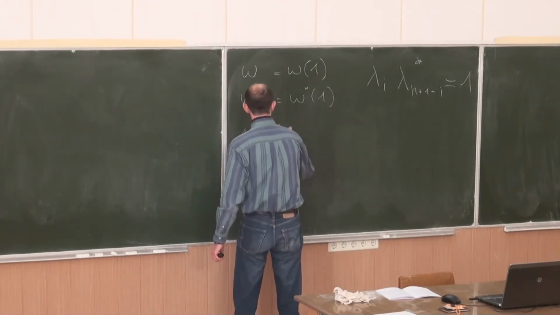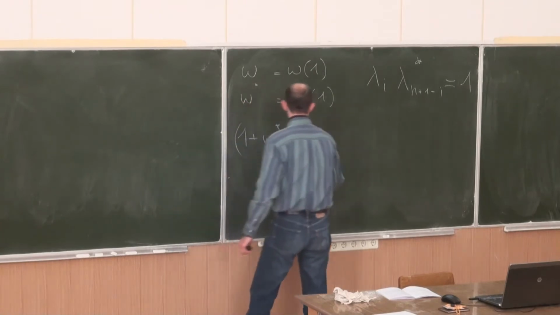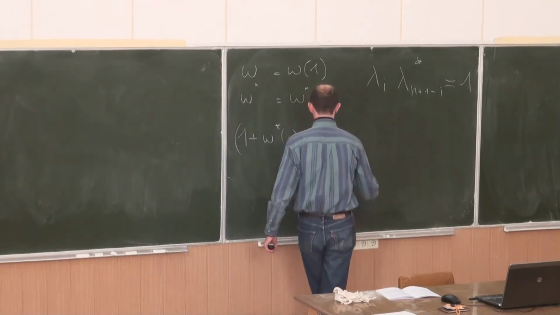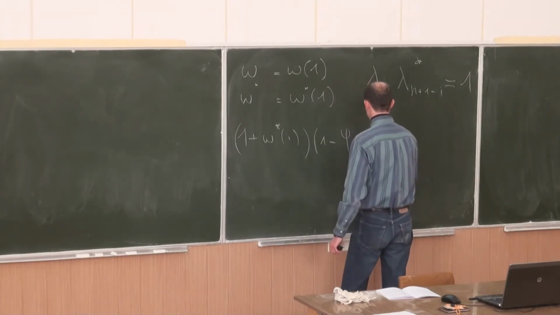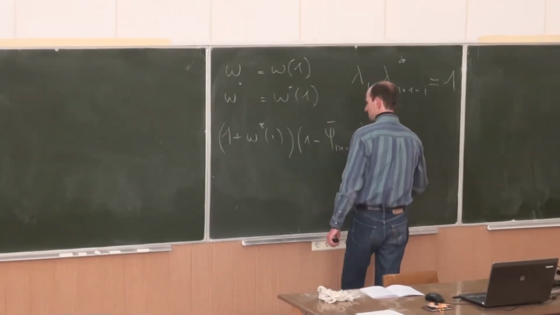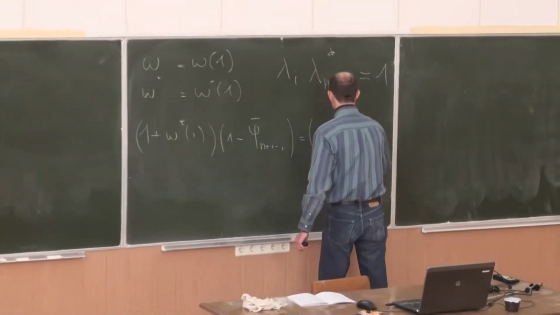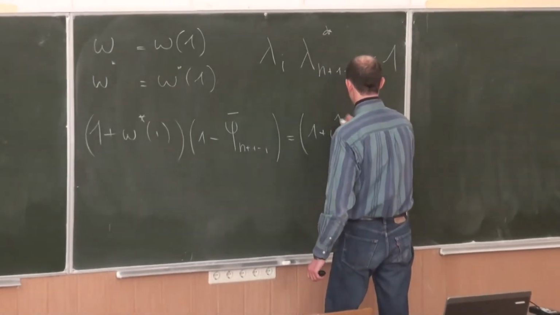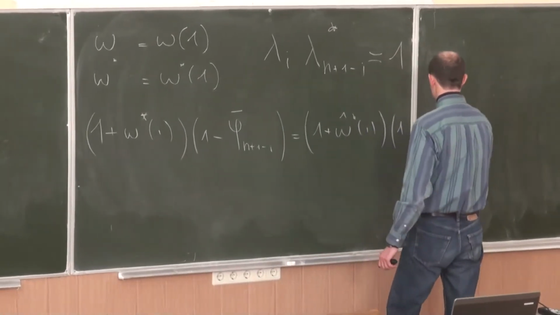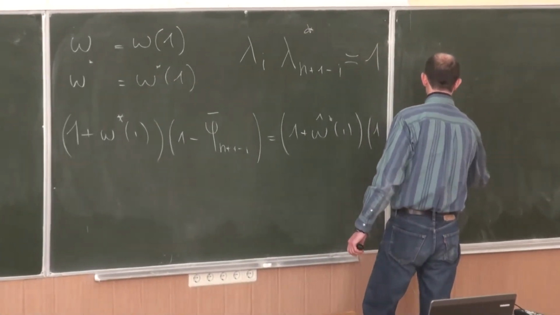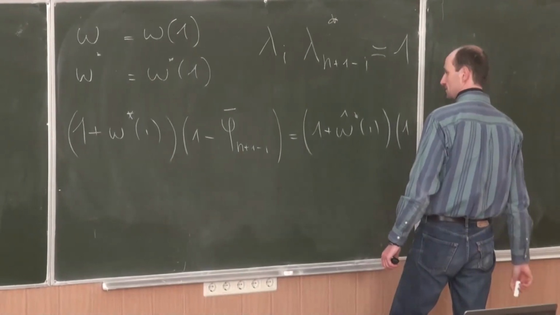1 plus omega star of I times 1 minus phi sub n plus 1 minus I overlined is equal to 1 plus omega star hat of I times 1 minus phi sub n plus 1 minus I underlined.